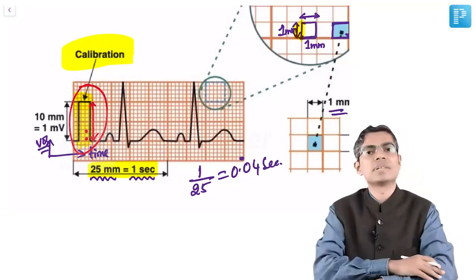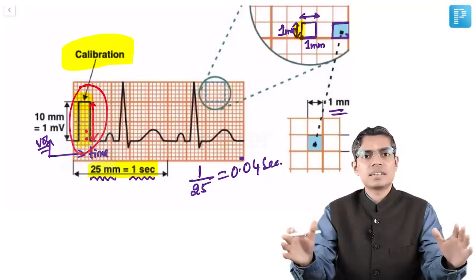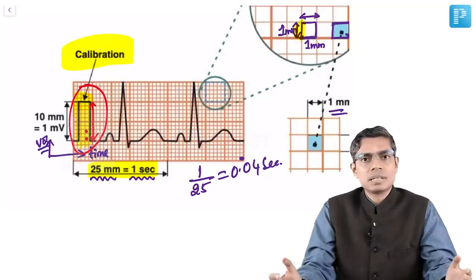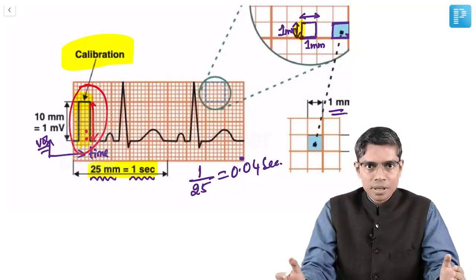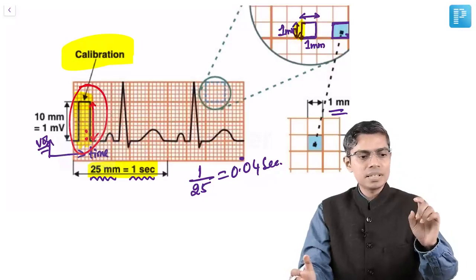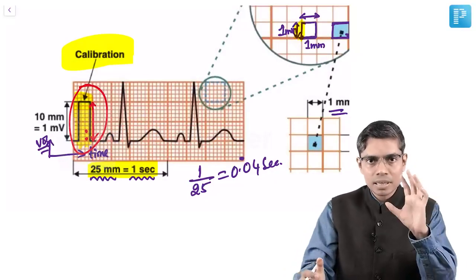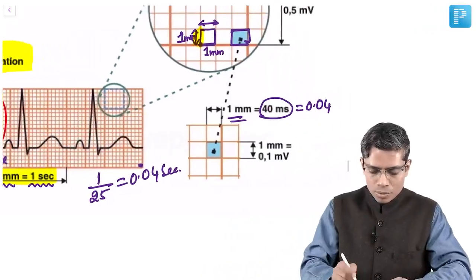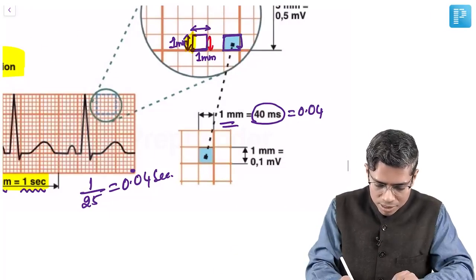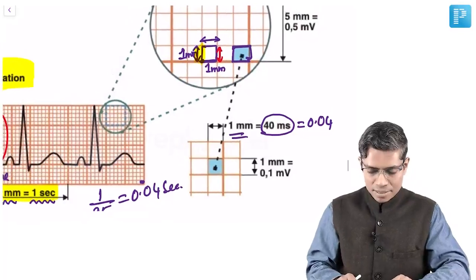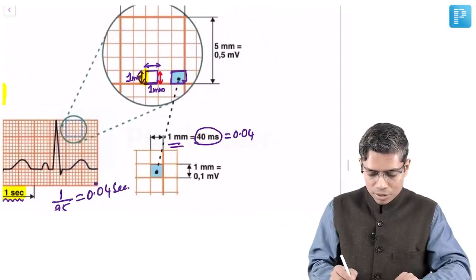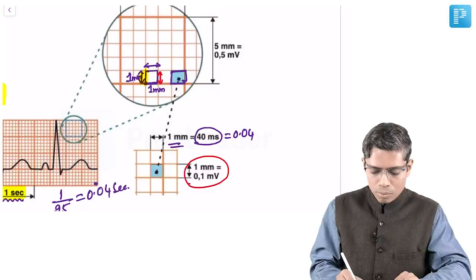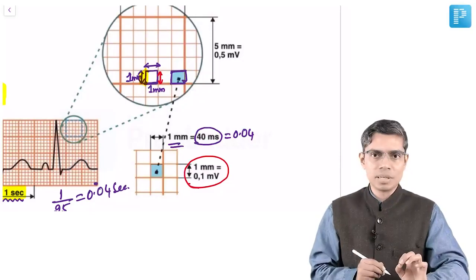So this part is the calibration. This is for standardization of the ECG across different recording systems. Getting my point? You are giving an instruction to the machine that if you get 1 millivolt, give me 10 millimeter deflection. So if I ask you what is the voltage of this smallest square on the y-axis, then obviously this will be equal to 0.1 millivolt, 1 upon 10.